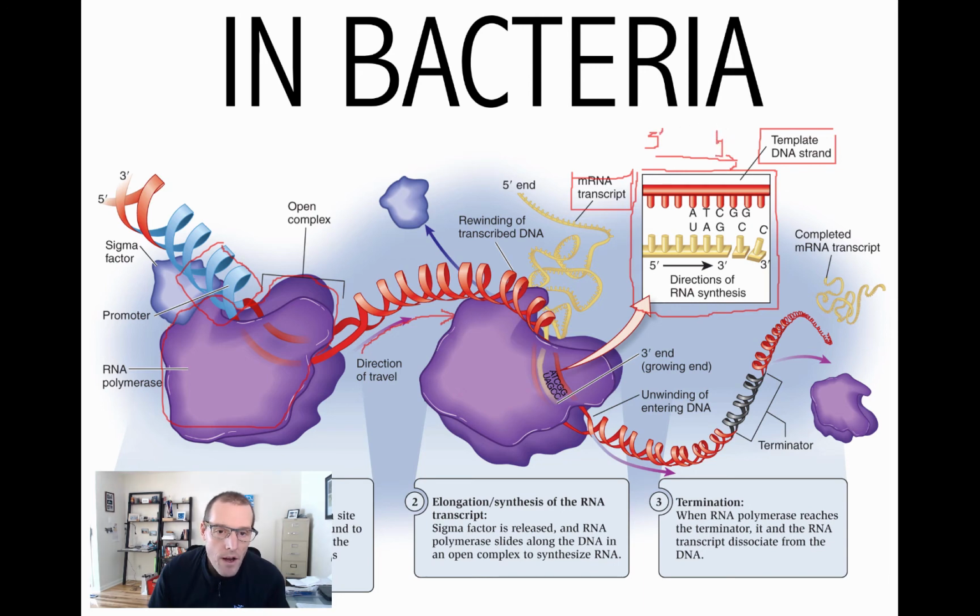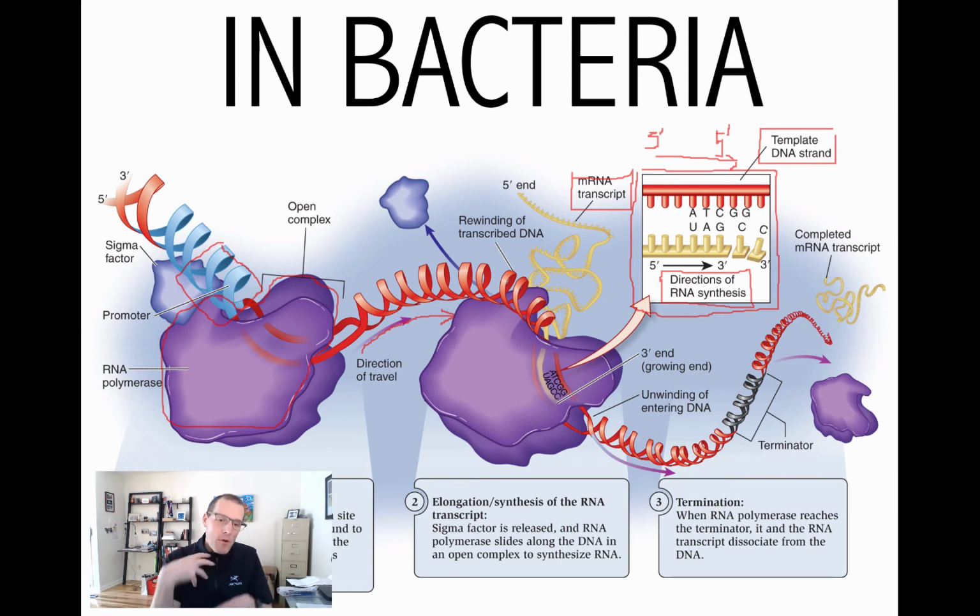So that's the direction we're reading the information in the DNA template. But we're making the RNA in the other direction. We're making it 5' to 3'. So that follows this rule that we always must make nucleic acids in the 5' to 3' direction.